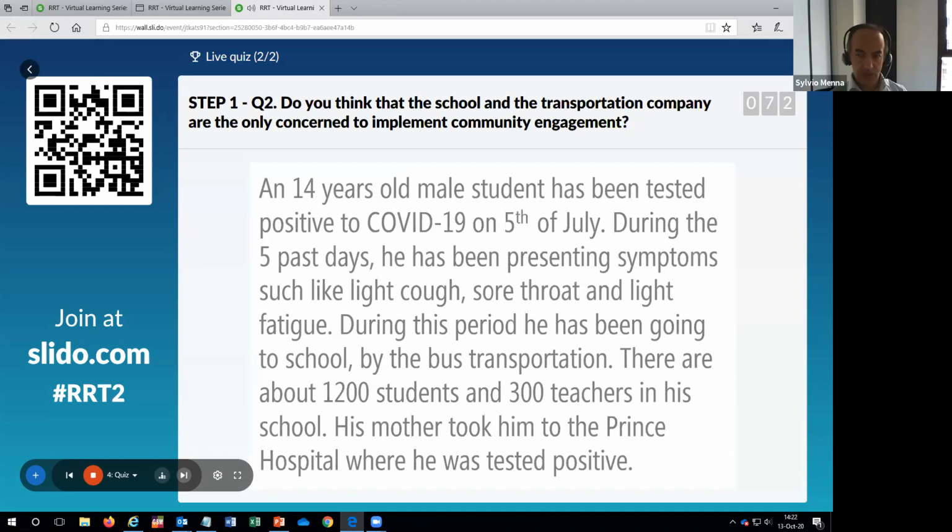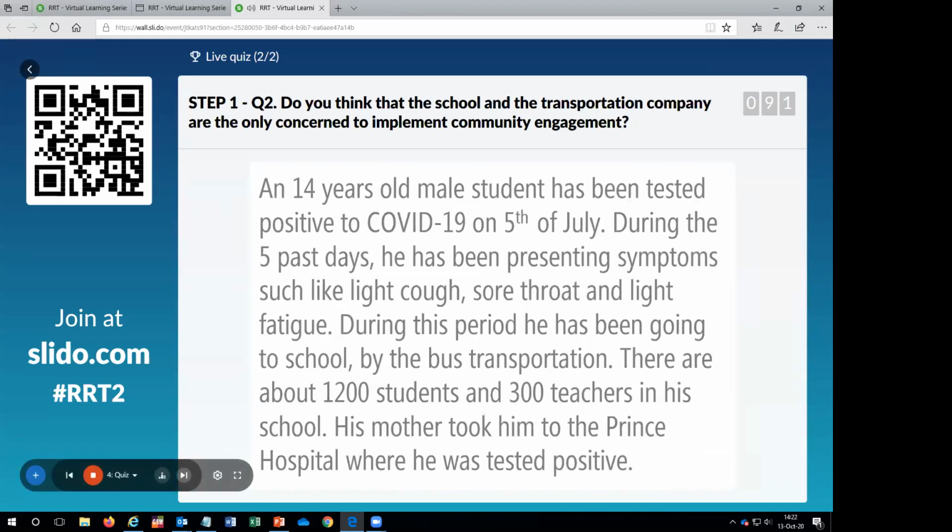Okay, I will give some more time before showing the screen, because when I click on the next screen, it stops the quiz. So let's say we still have 30 seconds, because I can see that people are replying faster than before.